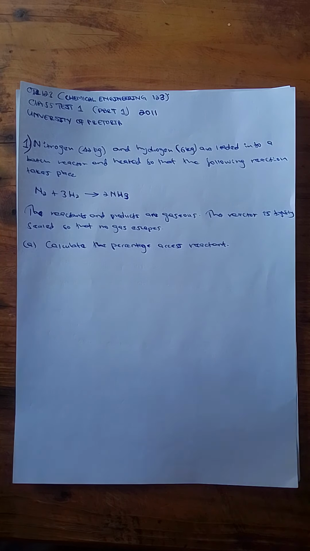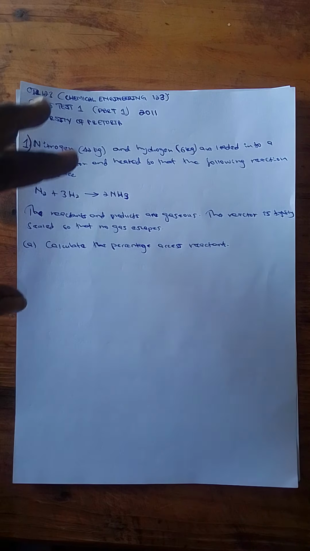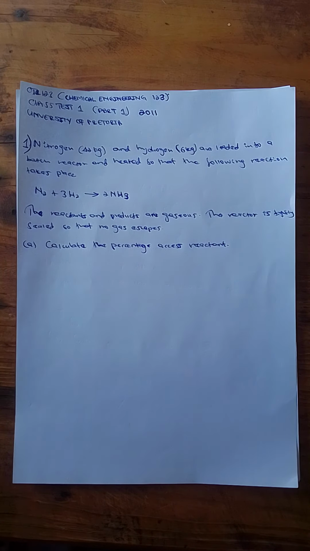So what we need to do is calculate the number of moles of each, based on the masses given, and also use the reaction equation to find out which one is the limiting reactant and which one is the excess reactant.